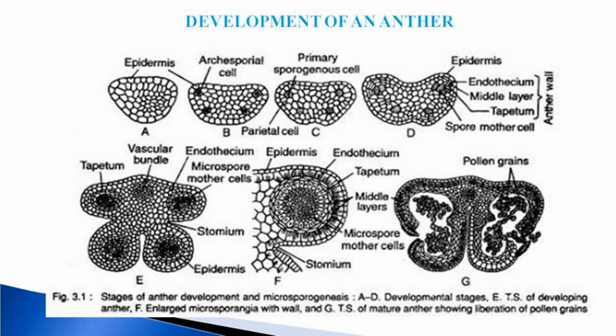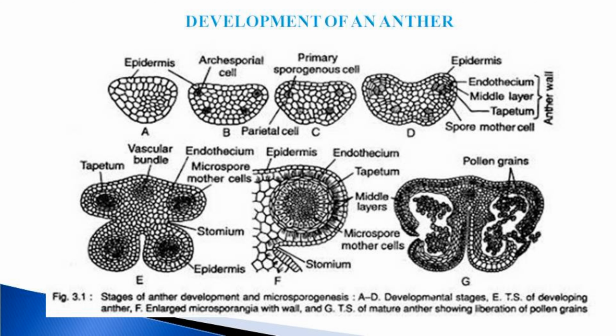The sporogenous tissues occupy the center of each microsporangium and are composed of sporogenous cells. Sporogenous tissues, obviously they will be composed of sporogenous cells, which are also known as microsporocytes. The sporogenous cells have abundant cytoplasm and prominent nuclei.